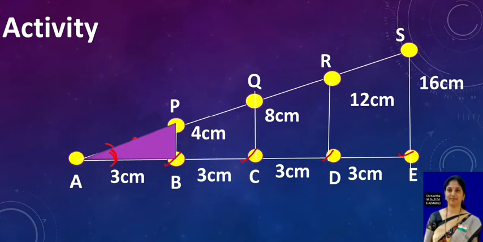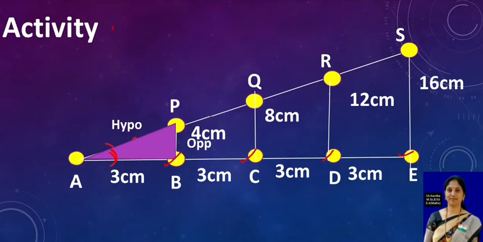Now consider the triangle ABP. Here at B we have the right angle. So based on angle A, BP becomes the opposite side and AP becomes the hypotenuse. We don't know the value of the hypotenuse, we can calculate it by using the Pythagoras theorem.